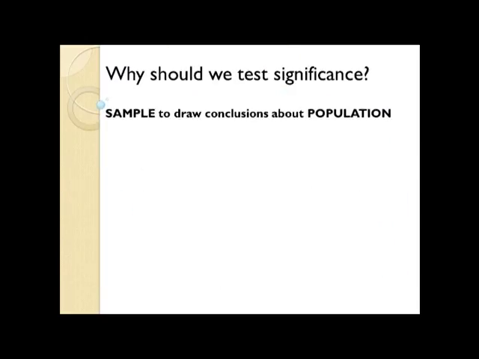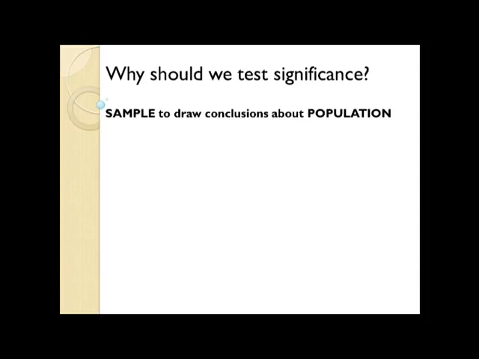Now, the question is, why do we need to move on to significance testing, or why do we need to make inferences from the data concerned? As we have seen earlier, when we want to study populations, due to time constraints or resource limitations, we do not study the entire population. What we do is draw a representative sample from the population.